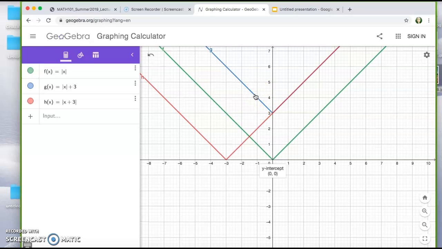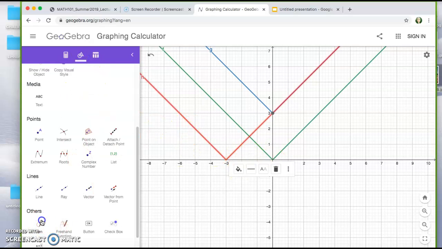My blue graph represents the absolute value of x plus 3 on the outside, so we moved up 3 units. And the red graph represents our function h of x, where we added 3 in the inside. Since we added 3 in the inside, our graph moved left 3 spaces. You can see here that this graph moved left 3 spaces.